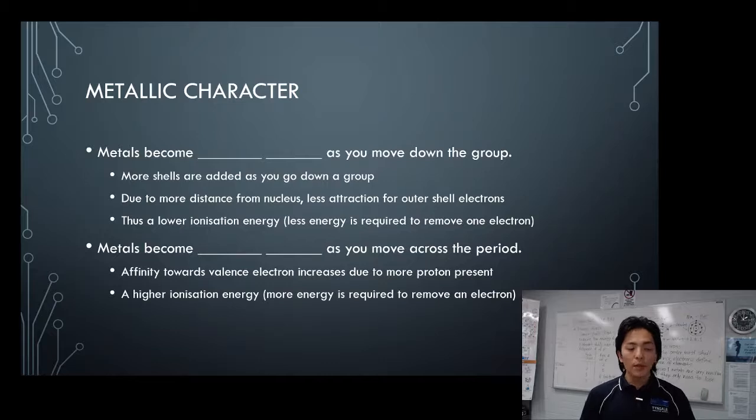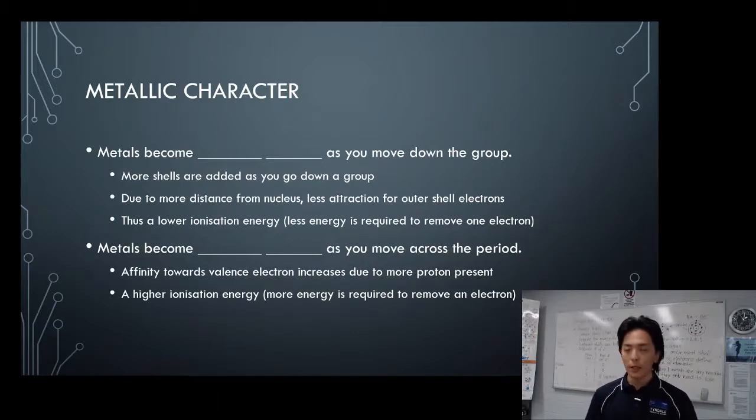Do metals become more or less reactive as you go across a period? Well, if you remember, metals become less and less reactive as you move across a period. Why? Affinity towards valence electrons increases due to more protons being present.